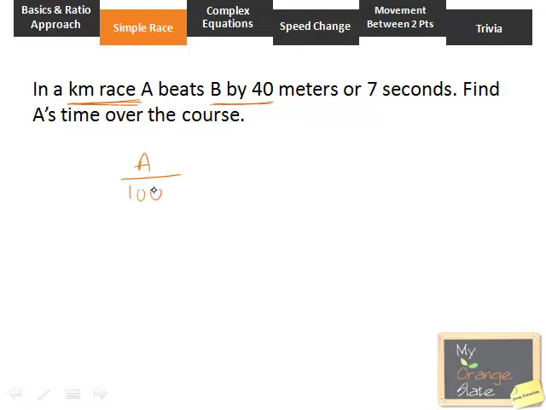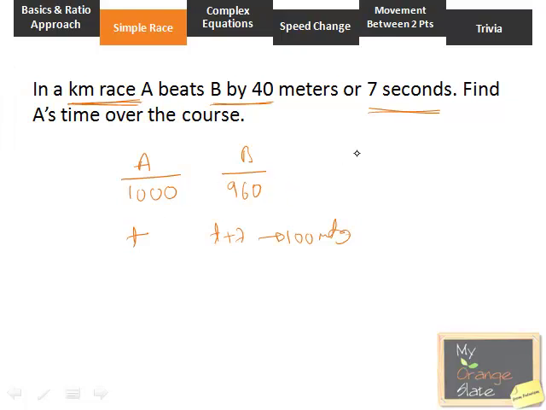Thus when A runs 1000 meters, B runs 960 meters, or by 7 seconds. Thus if A takes T seconds to cover 1000 meters, B takes T plus 7 seconds to cover 1000 meters.